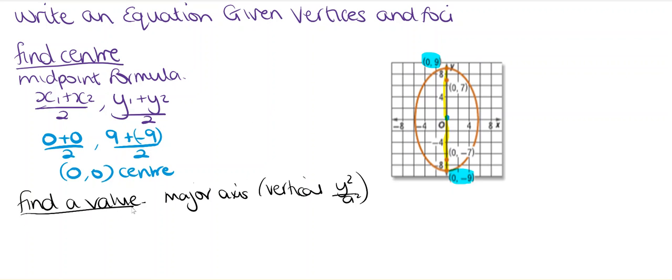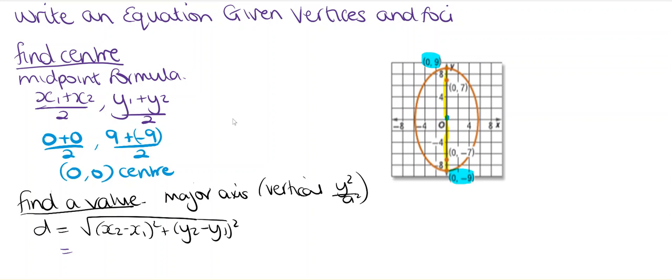So to find A, we're going to look at distance. We've got the distance here, so we're going to have to use the distance formula. This is where we find the distance between our coordinates. That's x2 minus x1 squared plus y2 minus y1 squared. So we can substitute in these values.